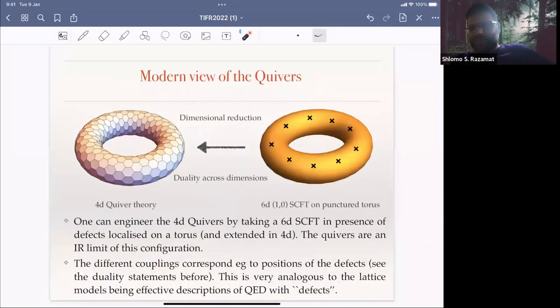Another idea is as follows, and this connects to the fractons, and with that I will end. So again, I want to emphasize what is happening here. You start from 6D theory, you introduce these punctures. You can think of these punctures as some sort of defects in 6 dimensions. And then you go to 4 dimensions, and what it means is that you describe this theory in terms of some effective field theory.